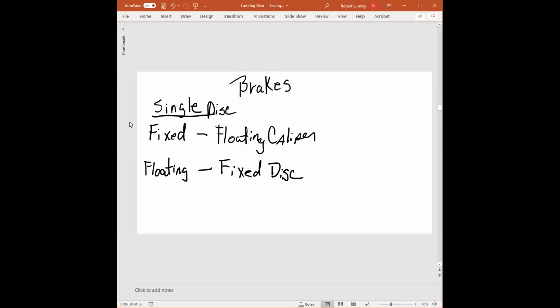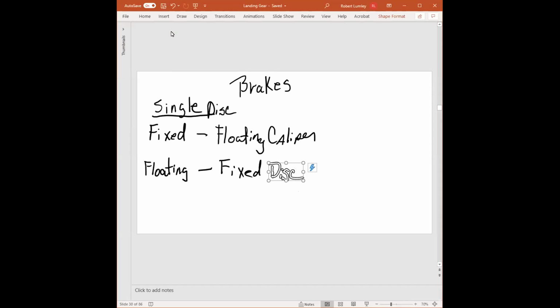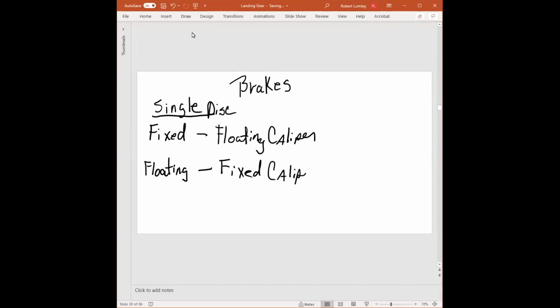As you know, I meant to say a fixed caliper. Yeah, and the fixed caliper is rigidly attached to the landing gear itself.